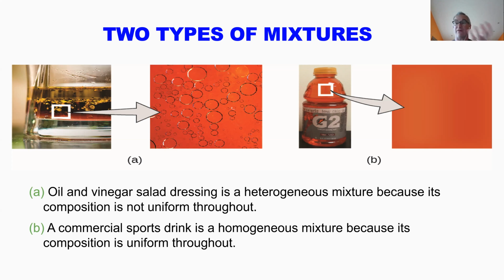Even something like a foam, for instance, would be homogeneous because that foam has the same chemical makeup in any portion through it. So that would be homogeneous, whereas oil and water would be heterogeneous.